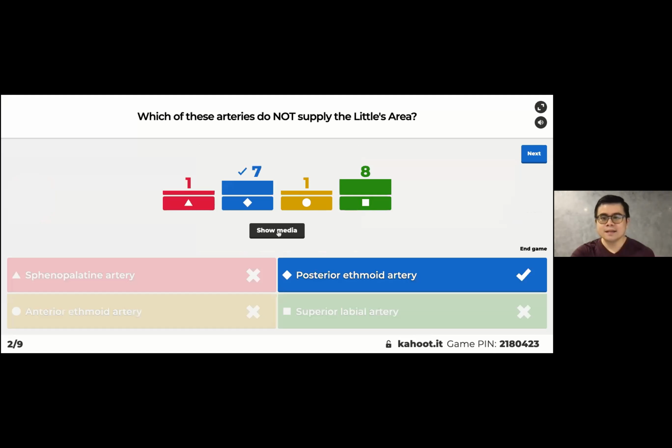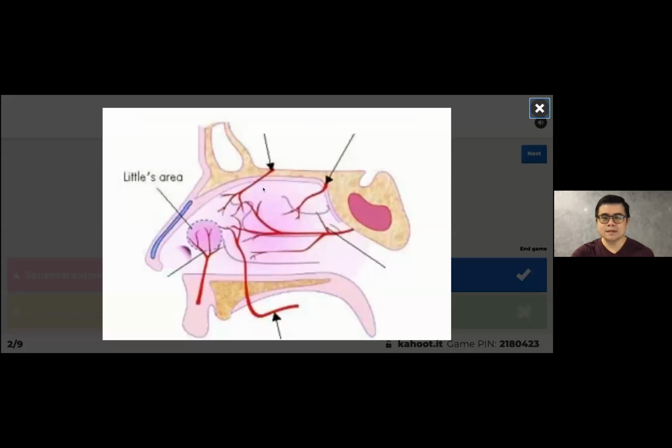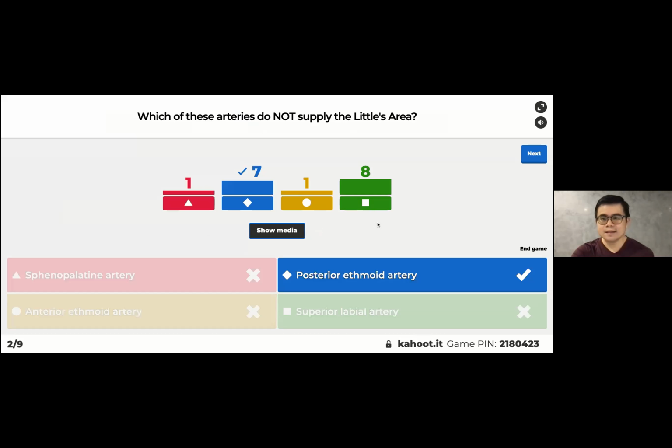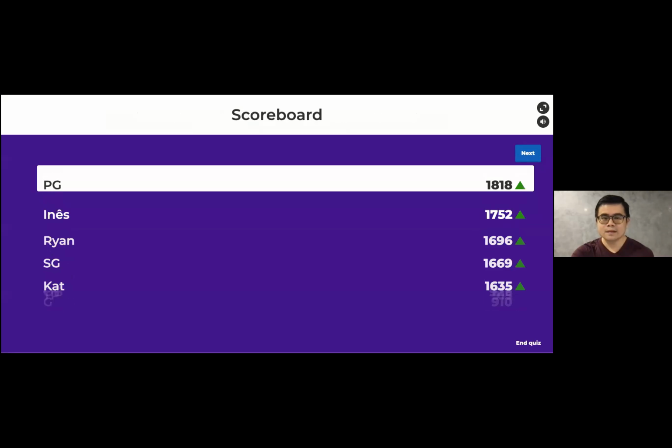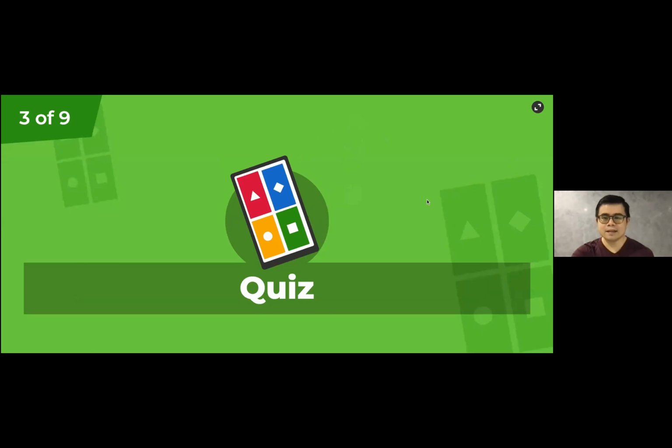All right. So the answer is actually posterior ethmoid. So the Little's area is supplied by anterior ethmoid, the sphenopalatine, greater palatine, and the superior labial artery. Next.